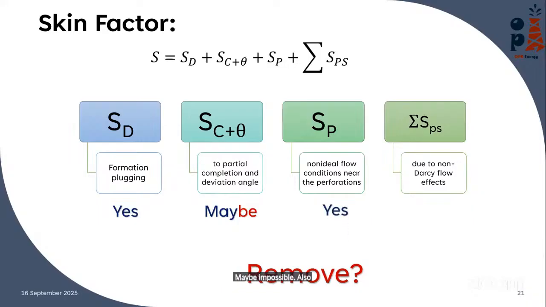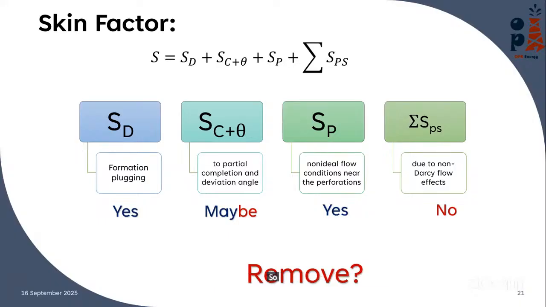Also here, you can adjust this by choking and by other means to reduce the non-Darcy flow. Here, it's not fully removable because it's related to gases, and when you flow gases near the well bore, the Darcy effect will always be present.